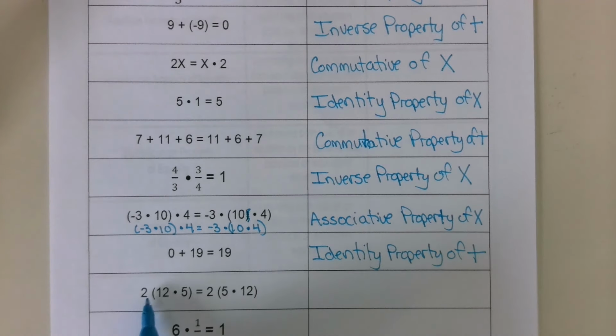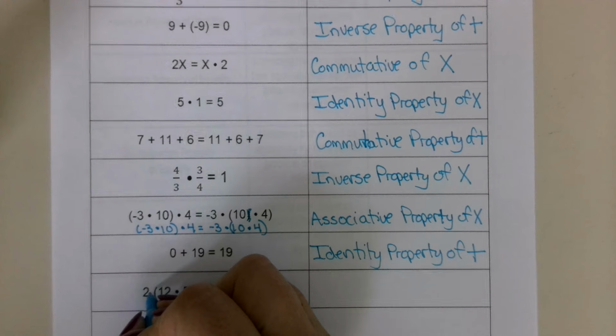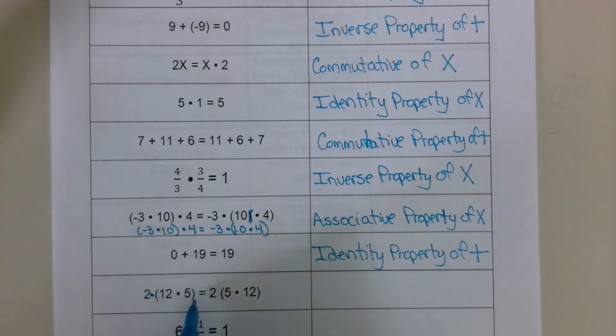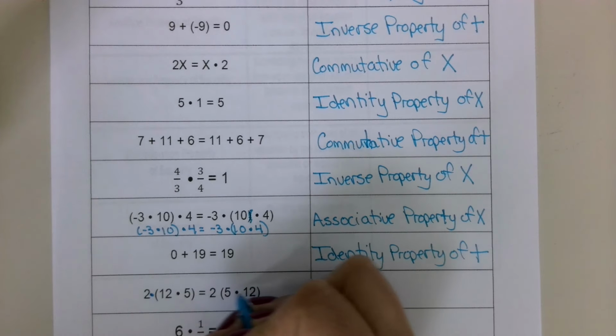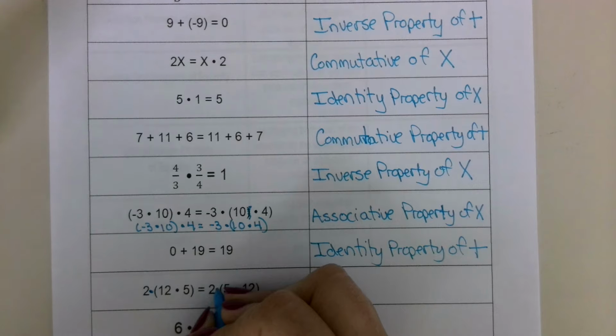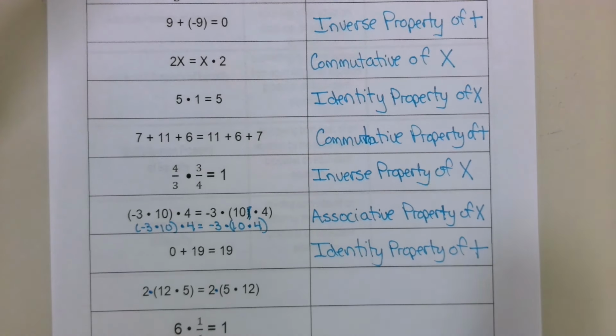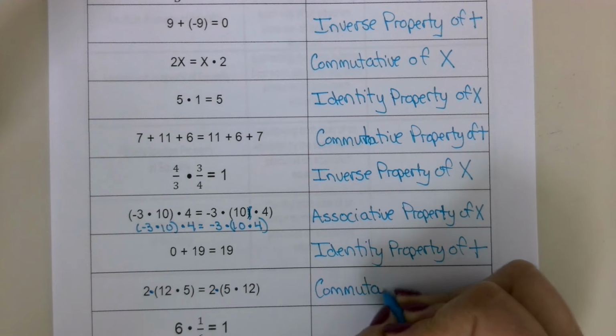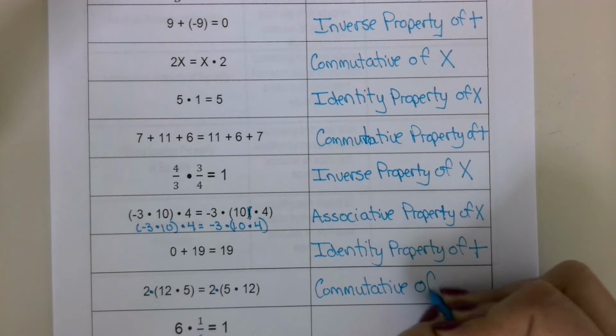In this case, remember, if I have a number right next to parentheses, that really is multiplication. I'm not grouping differently, I'm moving the order. So this is another example of the commutative property of multiplication.